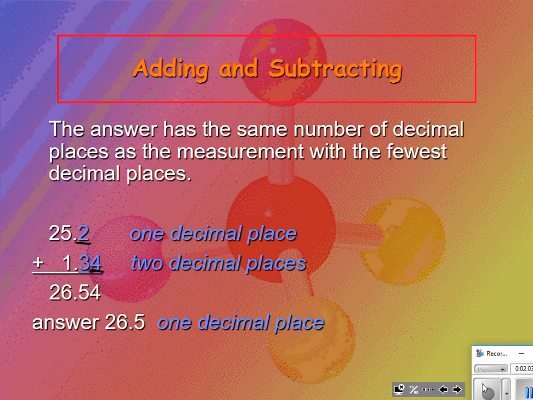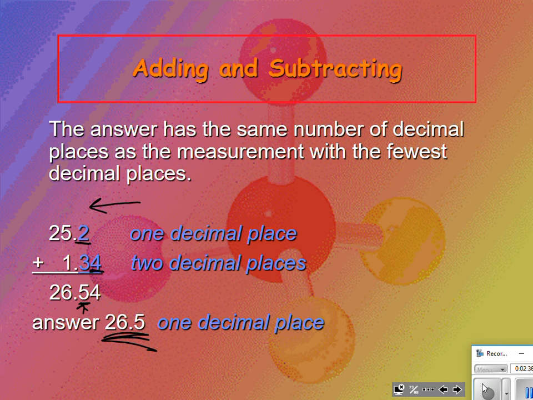And I look at which one is the furthest in that direction. Well, in this case, I see a tenth, I see a hundredth, right? So the furthest left is the tenth, right? So I am going to round to that figure right there. That's why I get 26.5, because the 4 does not round that up.